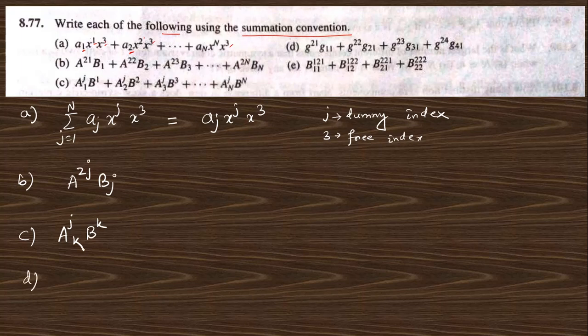Similarly, for d you can write g_2j, so g2 is constant and this changes, so you can write j, and then g_1j, so 1 is constant and there is j. Clear?